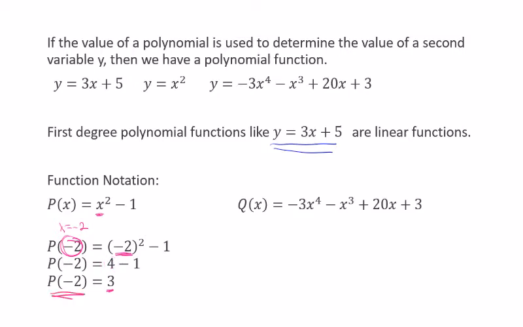So p of -2 equals 3. All right, so notice that we're not doing anything with this side of the equation, with the left side. We're just evaluating the right side with this given input, right? So that's how we evaluate functions. All right, so here's another function, q of x, right? That's a polynomial with 4 terms, and it's a 4th degree polynomial with a leading coefficient of -3, right?